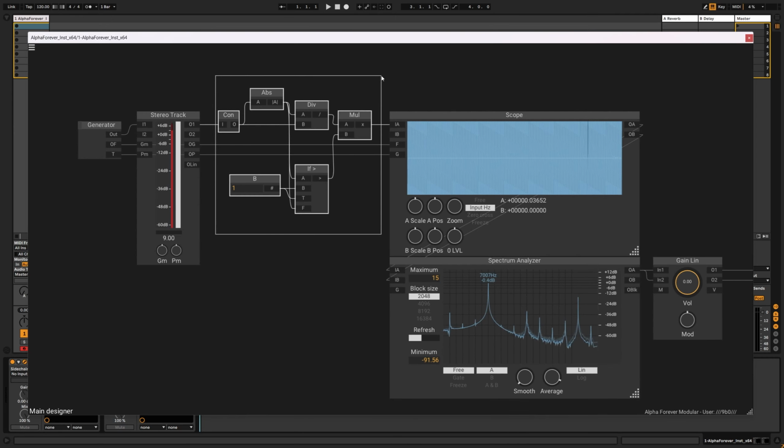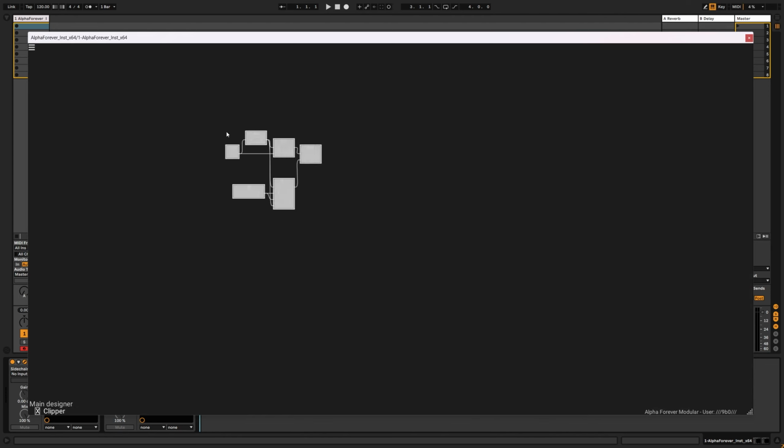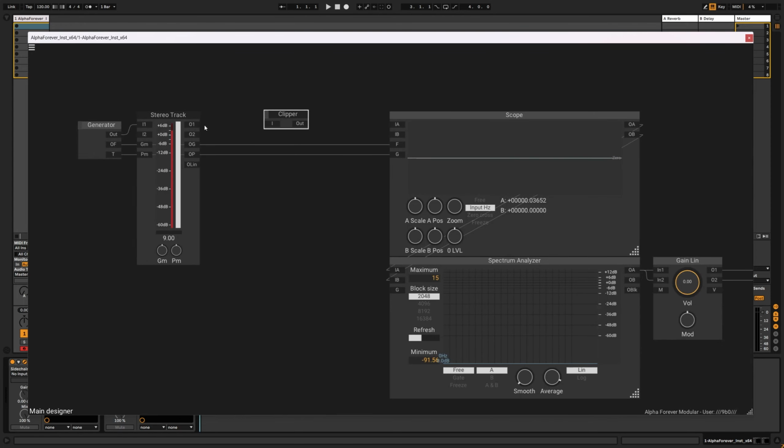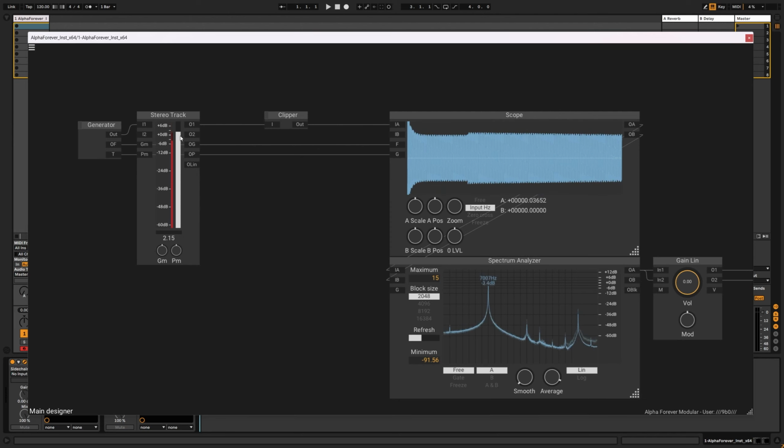So let's put these into a designer. And this is the input, this is the output. Yes, it works. And actually we don't need to clip that hard, so actually this much would be enough.